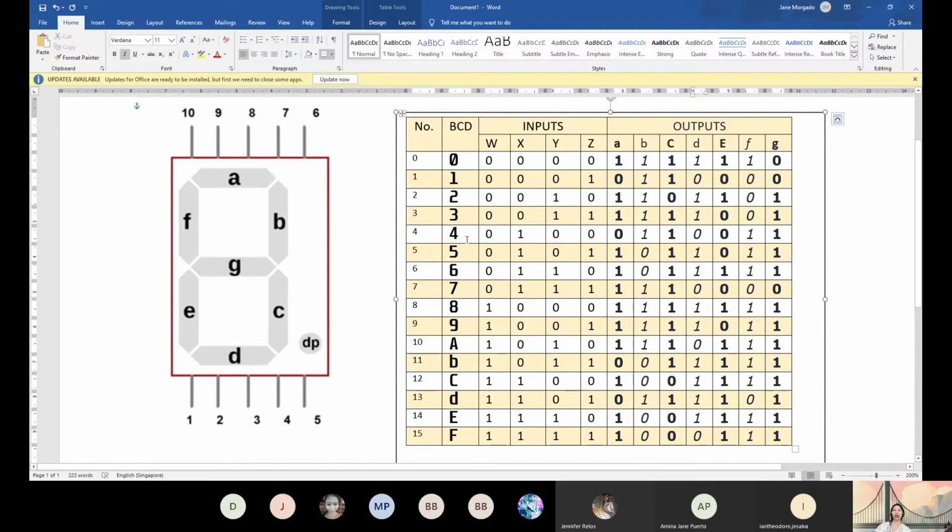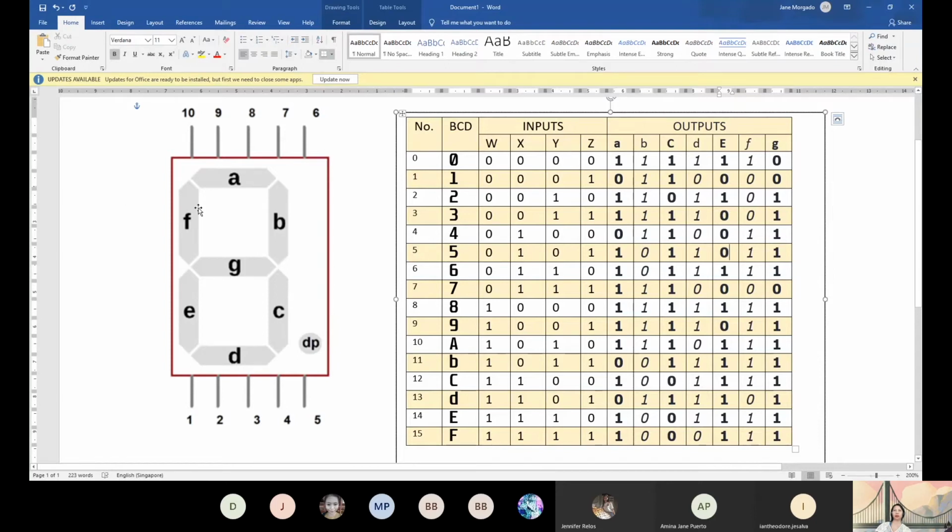For 5, we have A, F, G, C, D as 1. So B and E are 0.